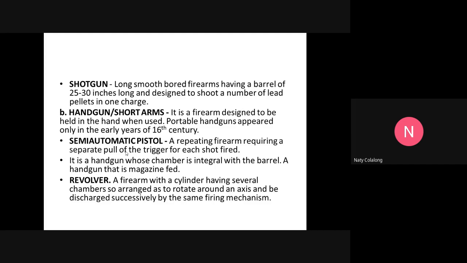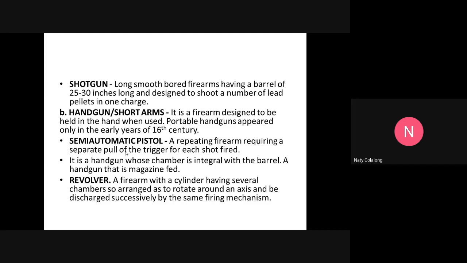So we have here the kinds of handgun or short arms. Semi-automatic pistol. This is a repeating firearm requiring a separate pull of the trigger for each shot fired. It is a handgun whose chamber is integral with the barrel.